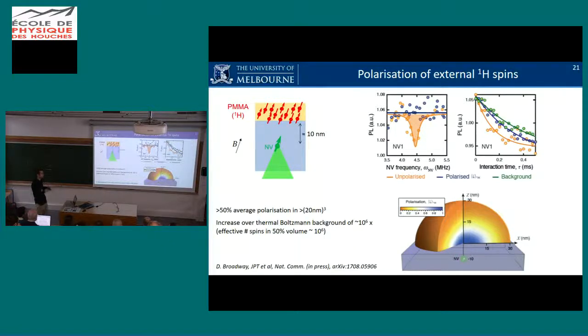And that's limited, of course, by their intrinsic T1, which limits the extent of polarization that we can achieve. If you simulate that, which reproduces those T1 changes that we see with the conditions of the experiment, we find that we have about 10 to the 6 spins that are polarized at 50% level, and that corresponds to a volume of 20 nanometer cube.